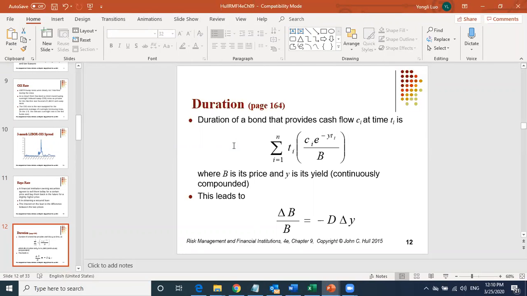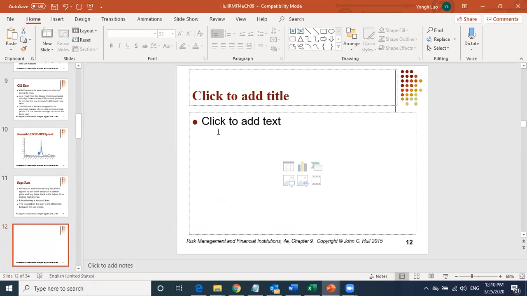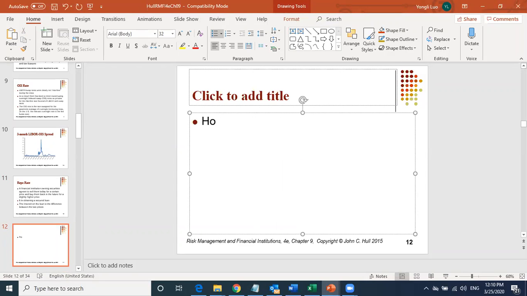So what is duration? Duration is a measure of how long you could pay off the real cost of purchasing a bond.